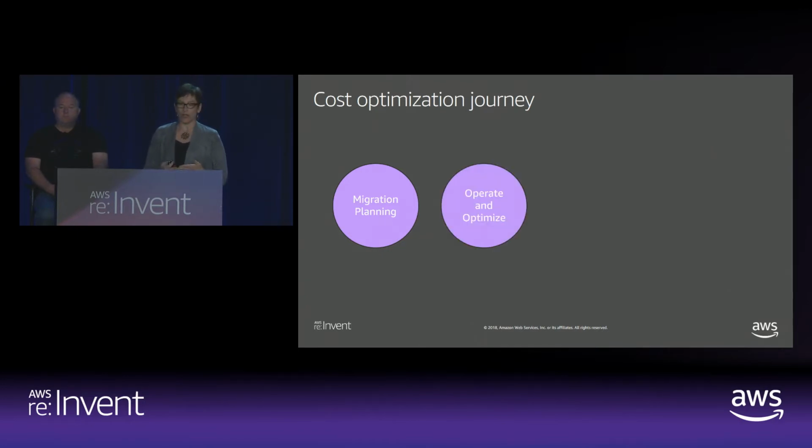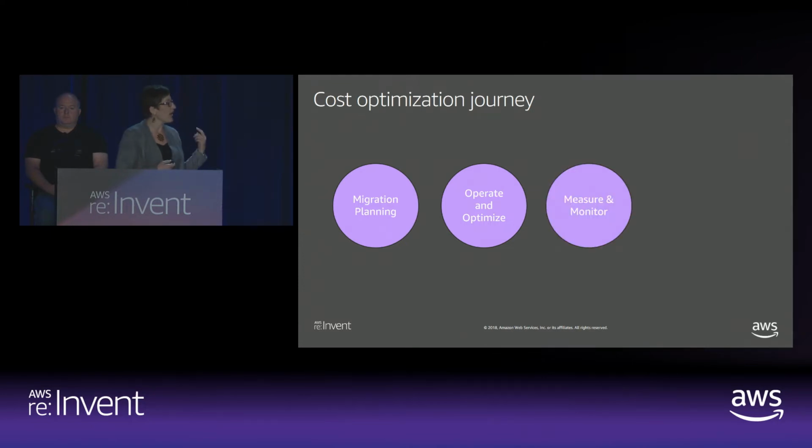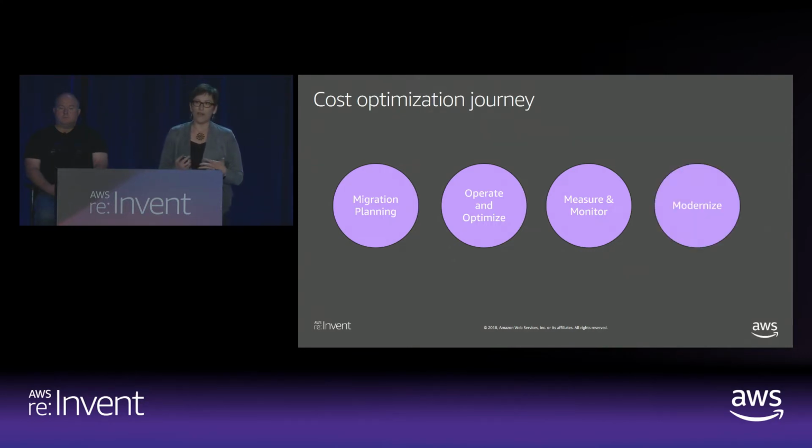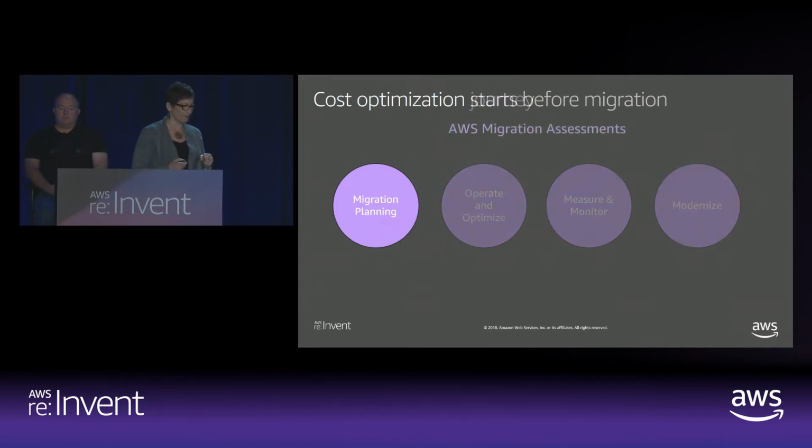After you start your migration, you should continue to learn about your new cloud operations and continuously optimize your environment. Then you need to make sure you have built-in automated mechanisms to measure and monitor your costs. And finally, the ultimate cost optimization for Microsoft workloads is when you can start modernizing those applications. So let's go through some of those.